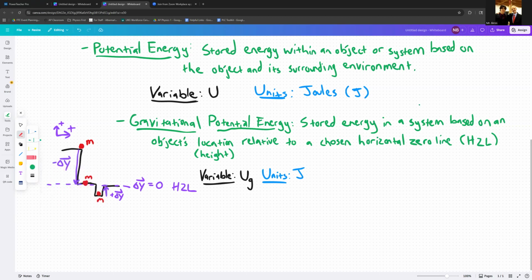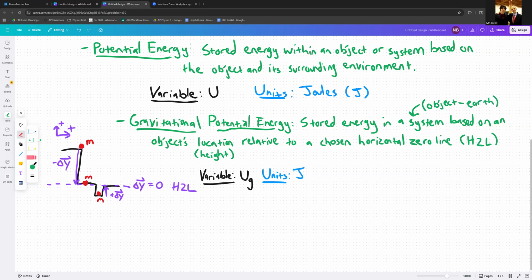The system for gravitational potential energy needs to involve two things. It needs to involve the object, at the very least, whatever object we're dealing with, like the mass in our image over here. And the other thing is the Earth.